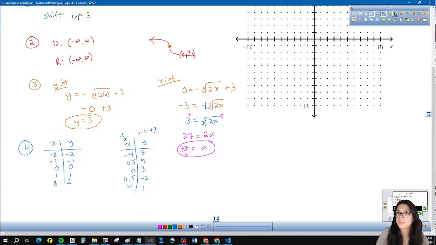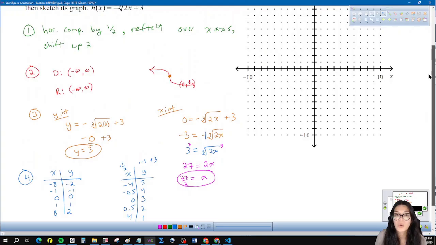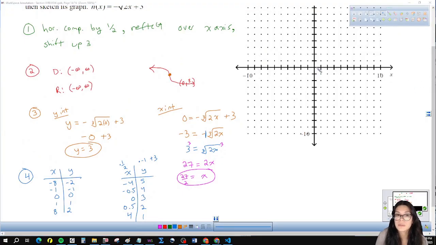I think I messed up on the previous one: 1 times -1 is -1, plus 3 is 2. Okay, there we go. So let's go ahead and plot those.